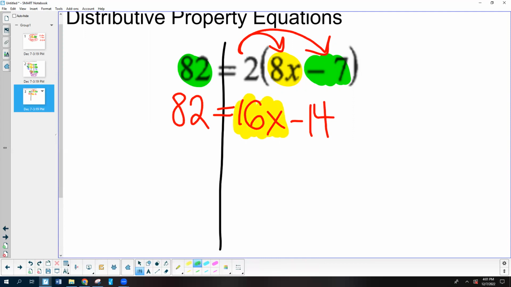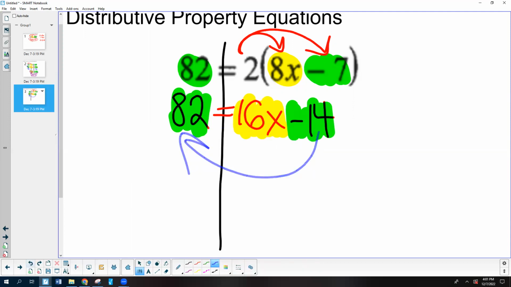Now we've got our constants on either side still. We want to get all of our constants away from our variables. We want to go ahead and move this -14 over to the left. The opposite of a -14 is a +14. So 82 plus 14.